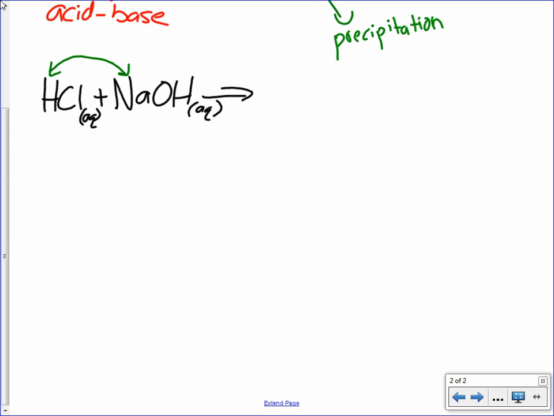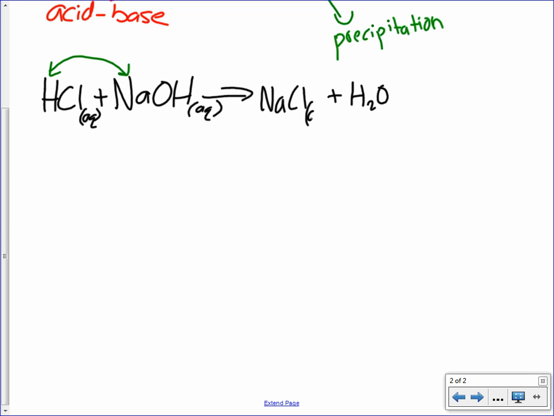So if they switch, we have NaCl and HOH, right? Well, HOH, if that doesn't look familiar, it's because when we write that, we normally write it as just H2O.